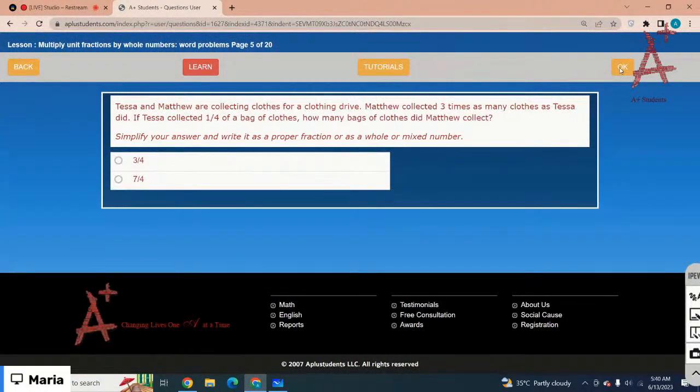Okay, Tessa and Matthew are collecting clothes for a clothing drive. Matthew collected 3 times as many clothes as Tessa did. If Tessa collected 1/4 of a bag of clothes, how many bags of clothes did Matthew collect? So which is the correct option? You have to do 3 times 1 over 4.